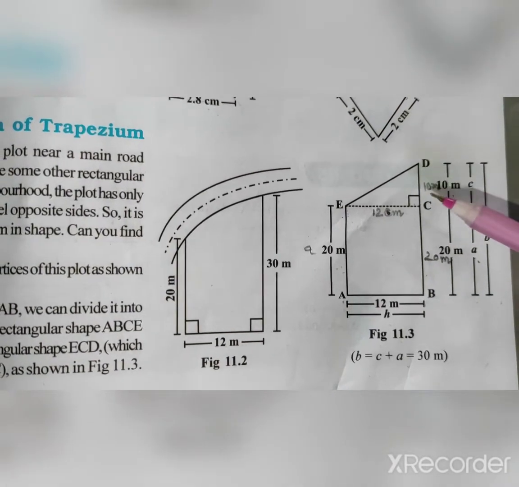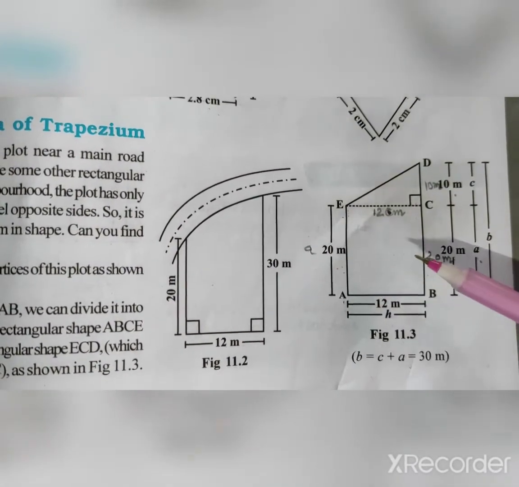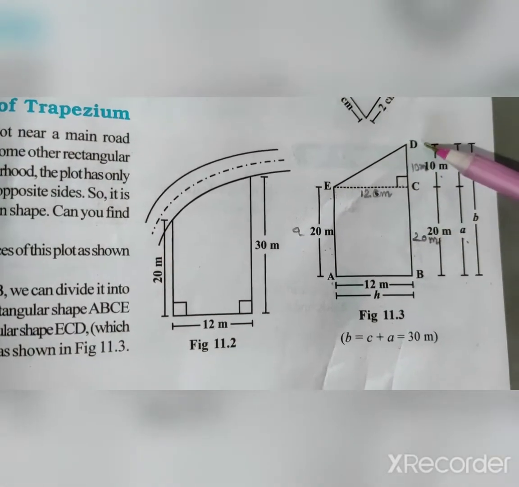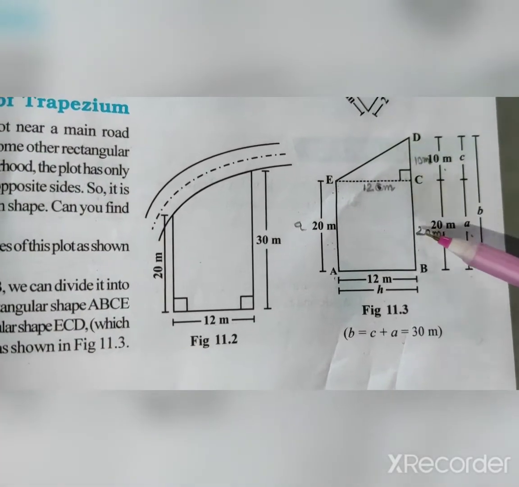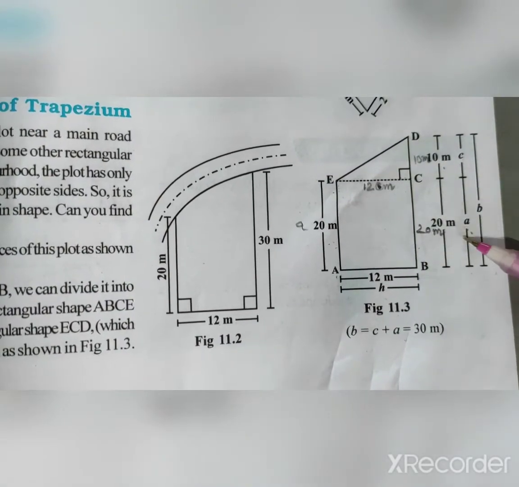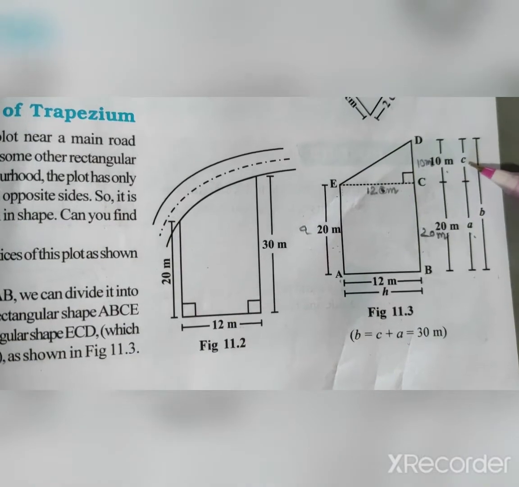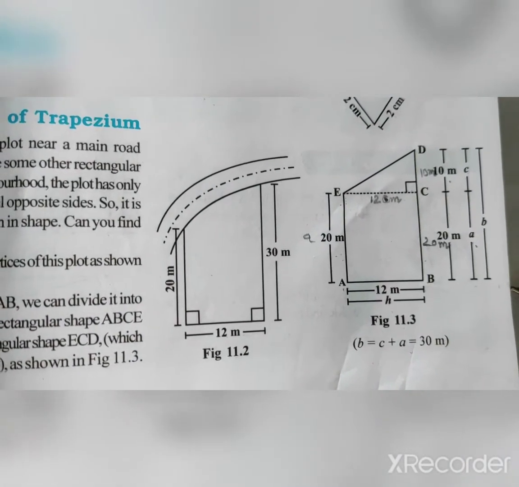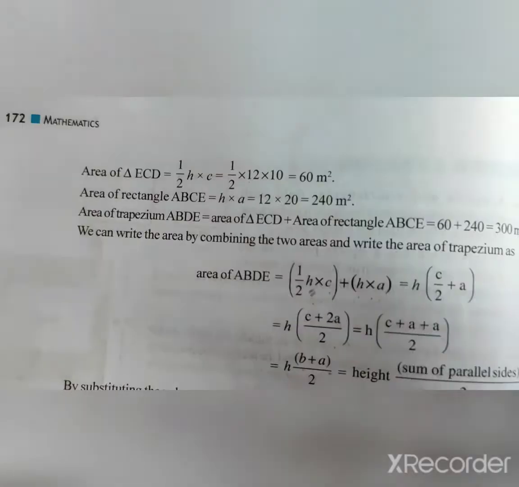So from here to here 10, and opposite sides are parallel and equal in a rectangle, so this will be 20. And the whole length, this to this, we are assuming is A and this is C. So A plus C is equal to B. Keep this in your mind, okay?